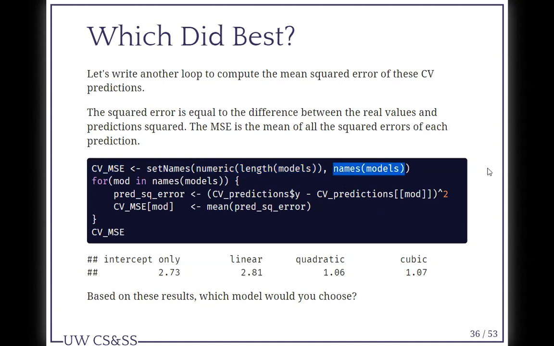And those elements will be named the same thing as our models. And then for each of the models in our models vector, we'll get the predicted squared error, which is our y values minus our predictions per model squared. And then for our CVMSE data at each of our model elements, we will get the mean of our predicted squared error, and it will give us these values.